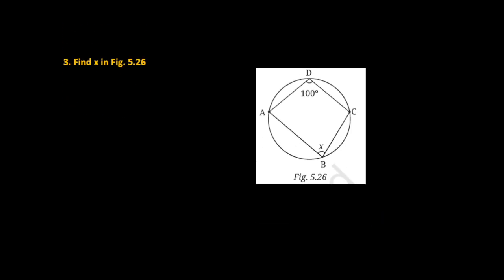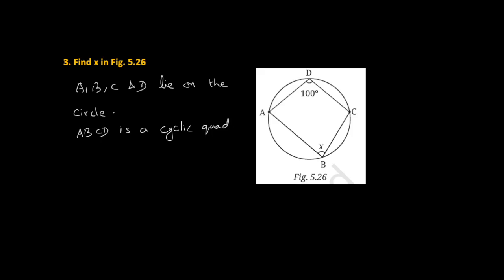Find x in the given figure. We can see the four vertices A, B, C and D lie on the circle. So ABCD is a cyclic quadrilateral.